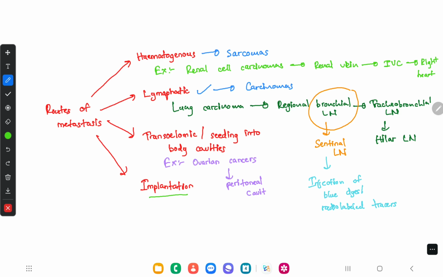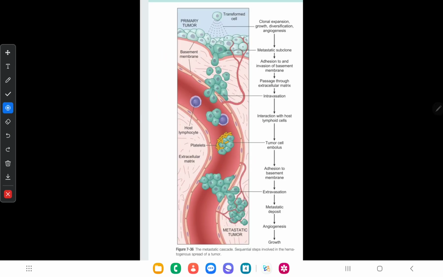Here you can summarize the four pathways of metastasis. From this picture you can see the metastatic cascade, or the steps involved in hematogenous spread. Here you can see the primary tumor and transformed cells, and this is the basement membrane, and this is also a basement membrane.